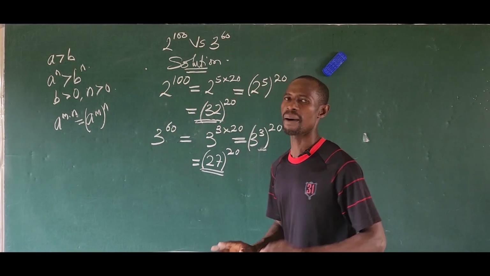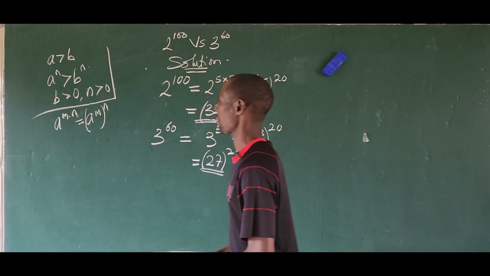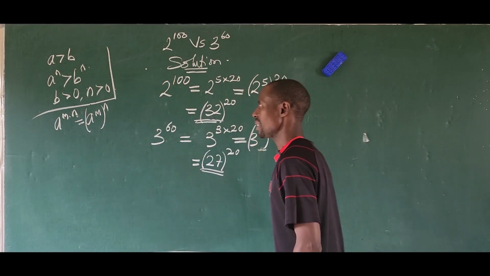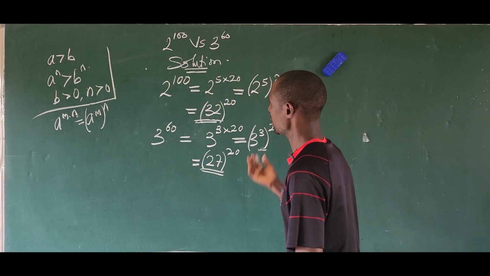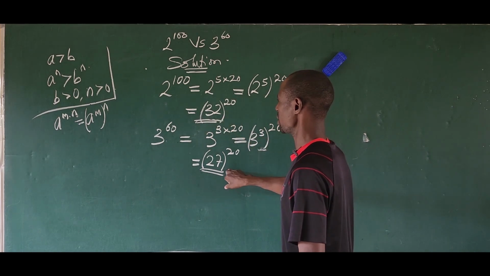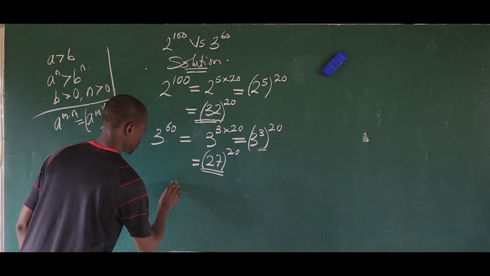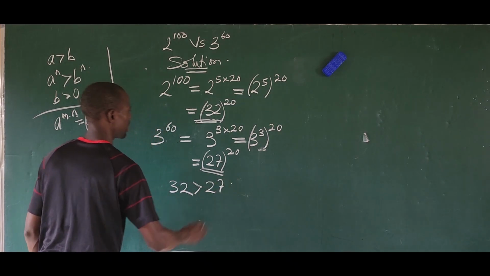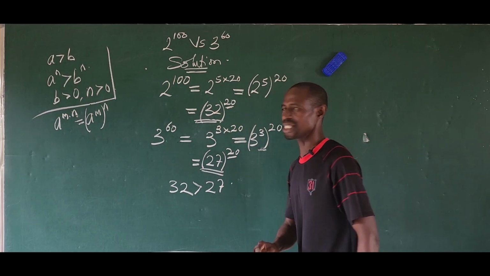Now let's go to our property. Look at this property we just outlined here. We say that if A is greater than B, then A to the power of N is greater than B to the power of N. So let's check our A here. Our A here is 32 and our B here is 27. So 32 is greater than 27. And they both have the same exponent, 20.